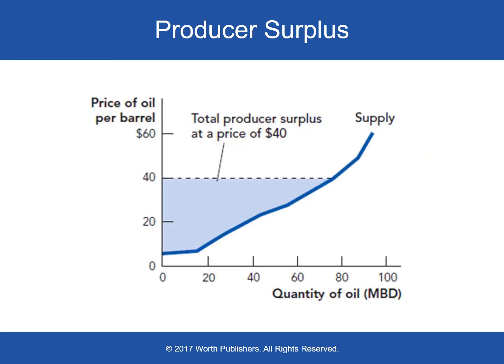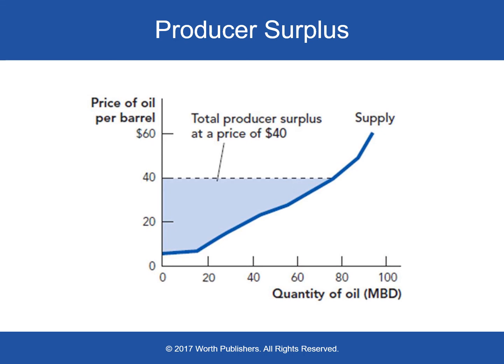So here's a diagram that shows you the concept of producer surplus. And what you see there is that if the market price is $40, then total producer surplus is equal to that blue shaded area. And the intuition goes like this.